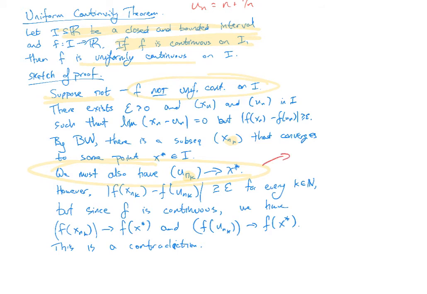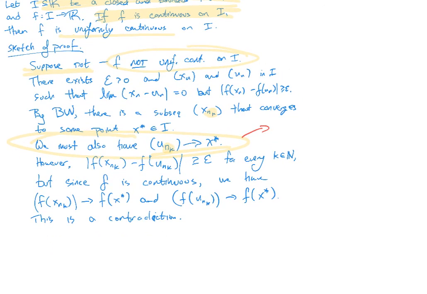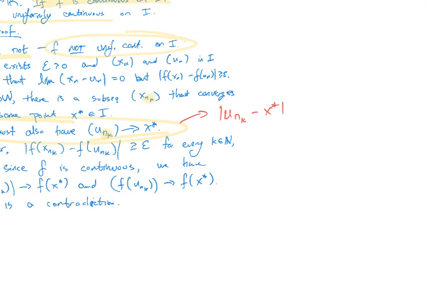Yeah, or you can do this triangle inequality trick. Look at the distance between u_{n_k} and x star. Now let me throw in an x_{n_k} in there. This is our standard trick. And now let me apply the triangle inequality. Now you have two quantities on the right that both go to 0.